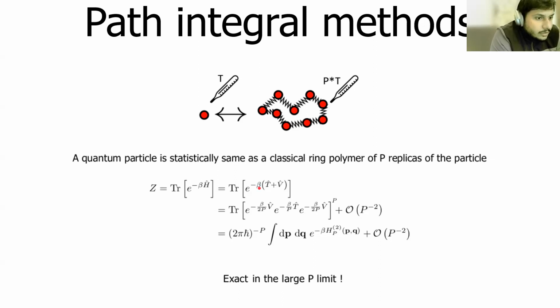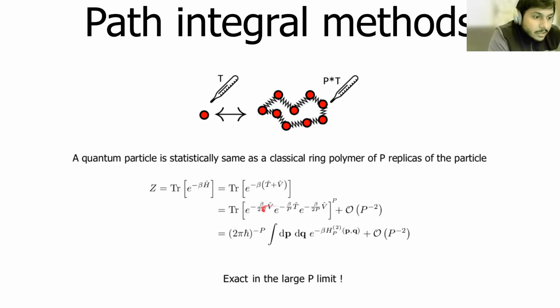If you multiply 1 over k_B T by P and then take P over here, you've written your partition function as a product of high temperature partition functions. And at high temperatures, T and V effectively commute, because if P is going to infinity, then I can write this as just a product of them, or in this slightly more fancy way, because at such a high temperature there is no commutation. It's a classical limit, right?